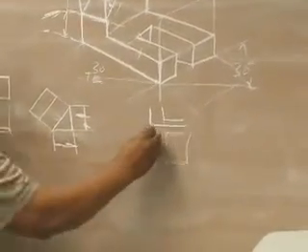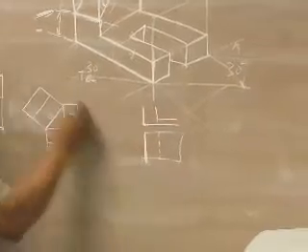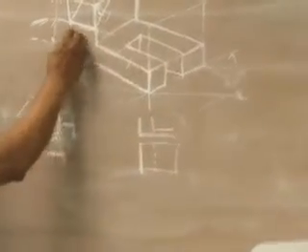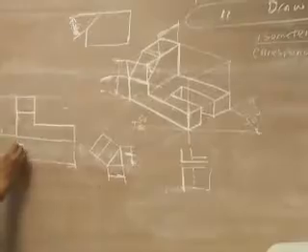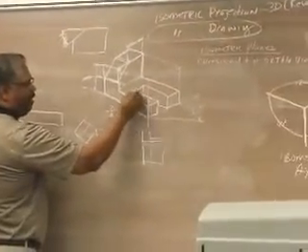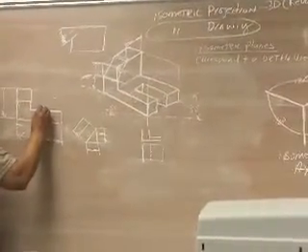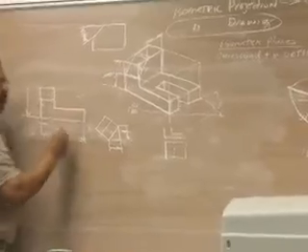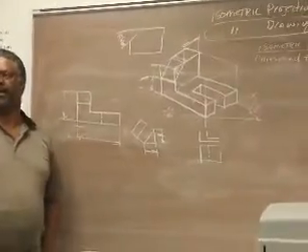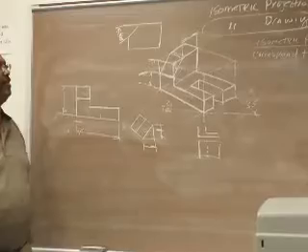So on the exterior angle here, we pick up a visible edge. But on this interior angle here, we pick up a hidden edge. So that's the front view of this object.